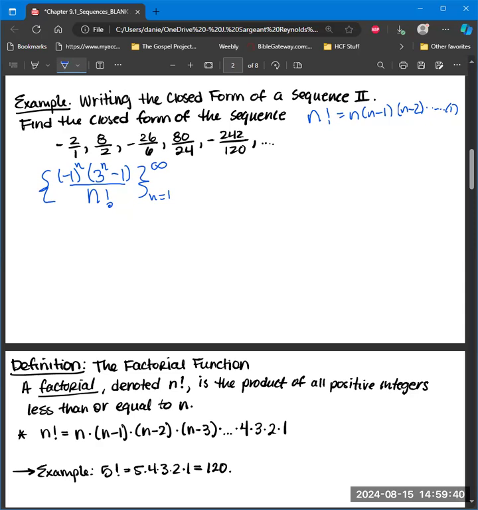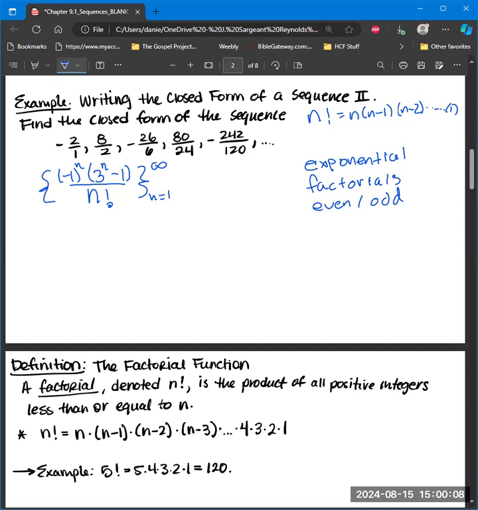So you're going to need to be able to recognize things like exponential functions. You're going to need to be able to recognize factorials. You're going to need to be able to recognize even and odd things.